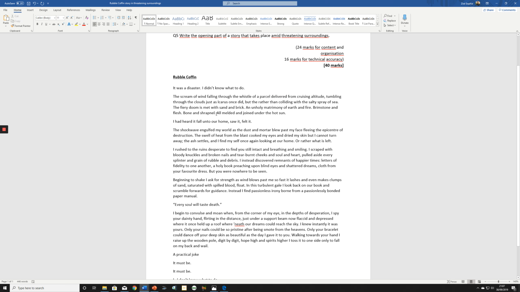I like the description. The reference to Icarus, if you've not heard of Icarus, this is Greek myth, he flew too close to the sun and his wings fell apart. If you're not sure about Icarus, Google it. It's nice to have some classical references in your writing, and this student's clearly got that. Icarus is used as a tale of caution.